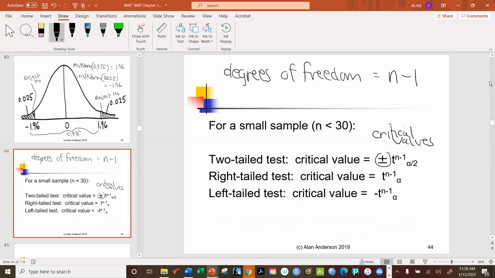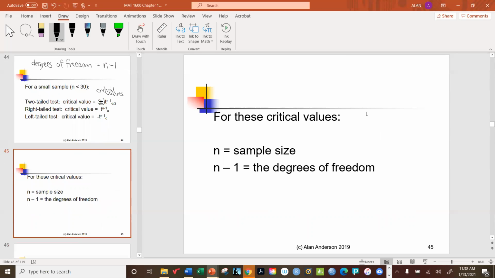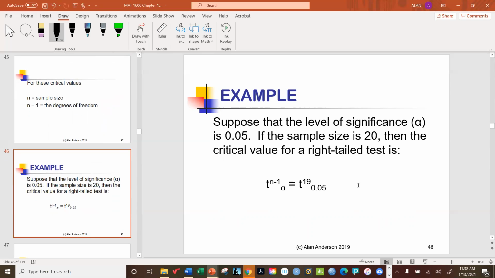All right, so let's see an example of this. Let's just say that we have a sample size of 20 and a level of significance of 5%. So then we have a single critical value. And if we find our test statistic in this region, we reject the null.